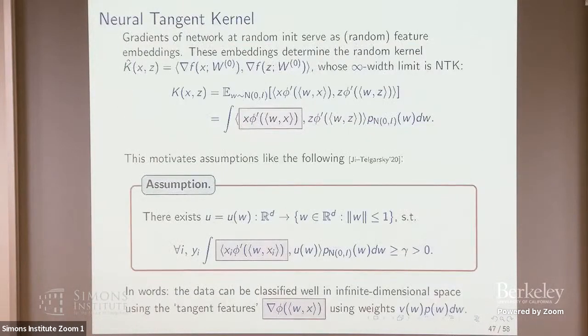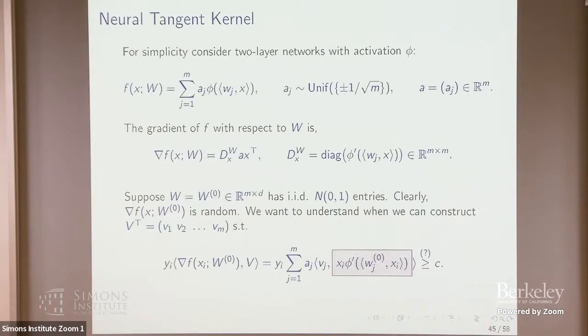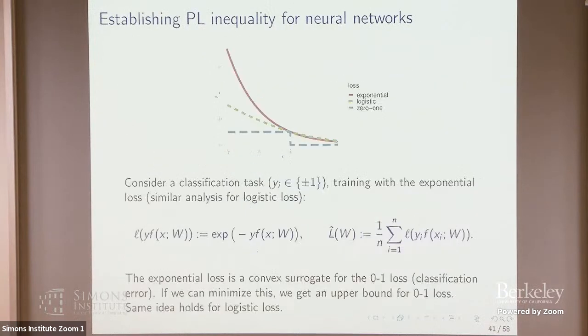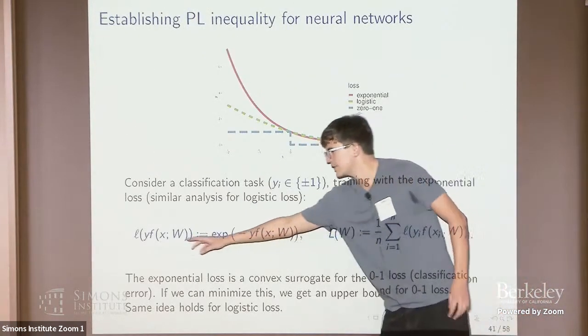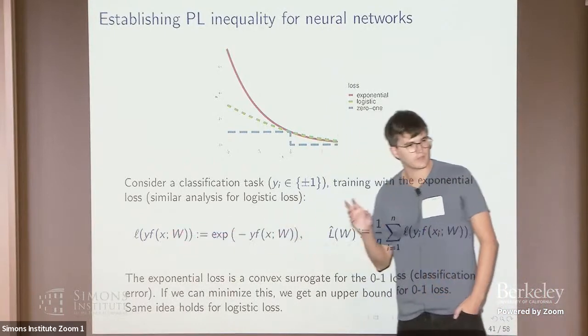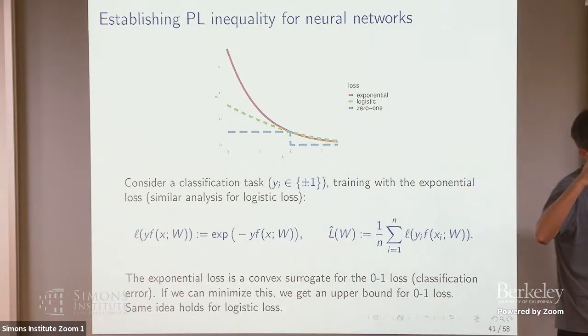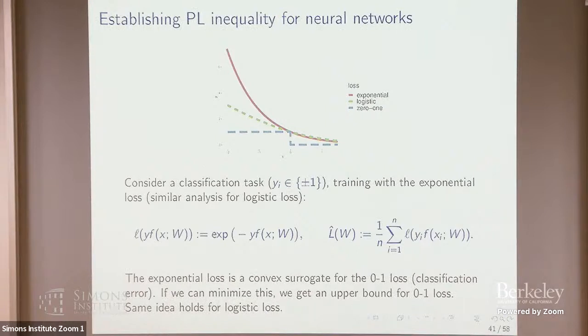Yes, so the loss itself is the product of y times f. When you take the gradients, you get an L term out, and you get the gradient of the network out. This is just a classification problem. This is the default way that binary classification problems are done.